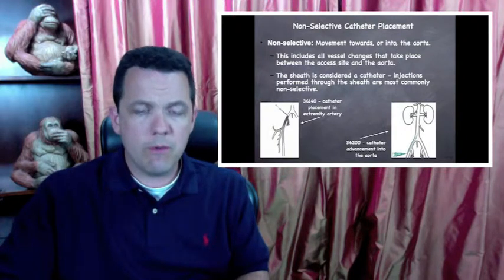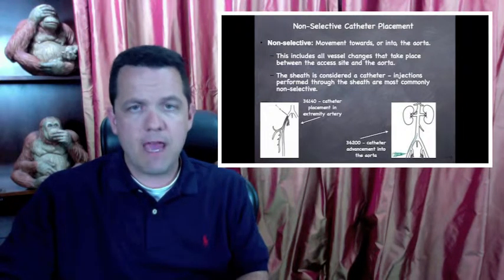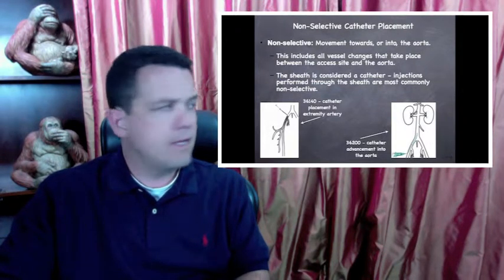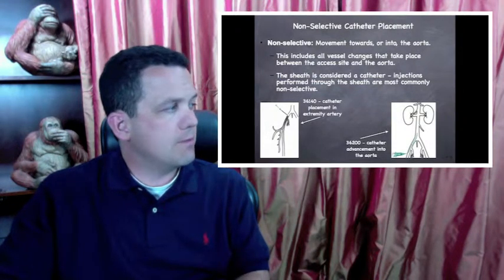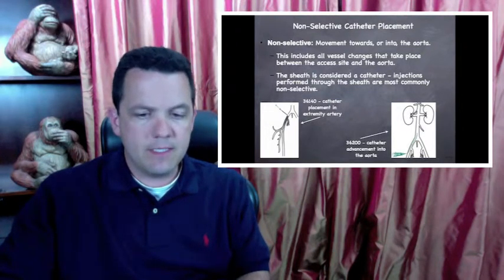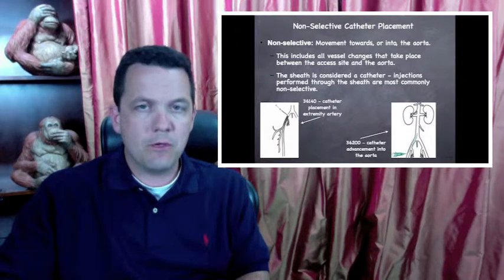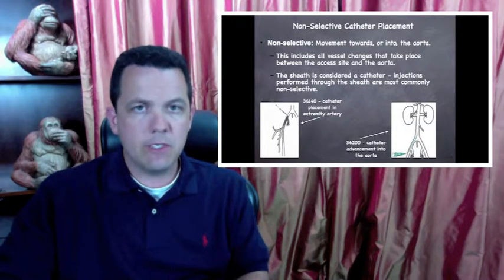The first is what we would call non-selective catheter placement. The second is called selective catheter placement. Non-selective catheter placement basically includes positioning a catheter inside of the patient's arterial system and then moving that catheter either towards or actually into the aorta. Either of these scenarios would still be considered non-selective.